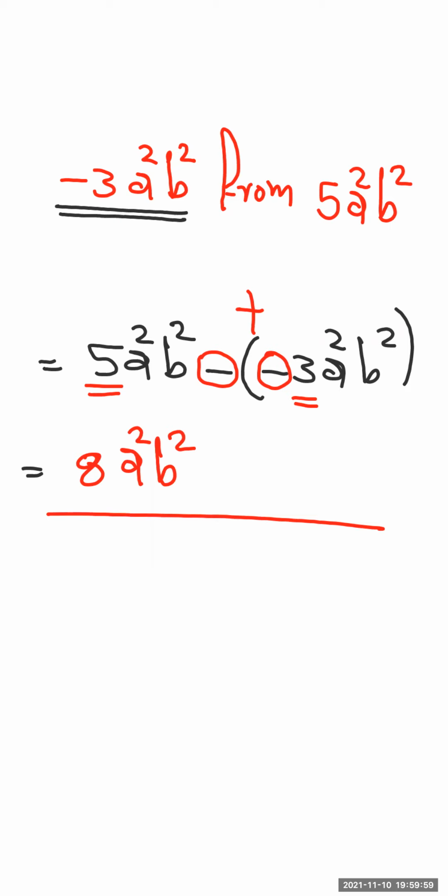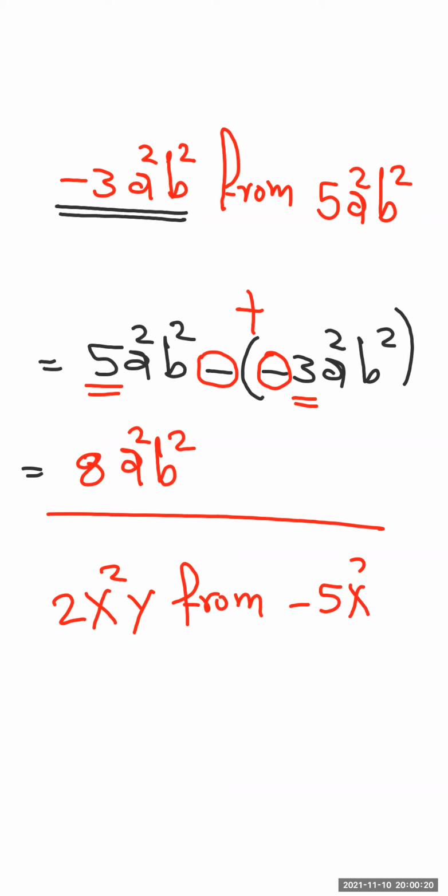Correct. The last question, guys. Which it was 2x squared y. Again, I'm going to solve it. Subtract 2x squared y from negative 5x squared y.